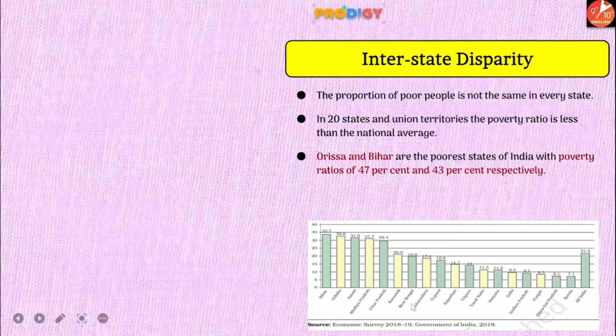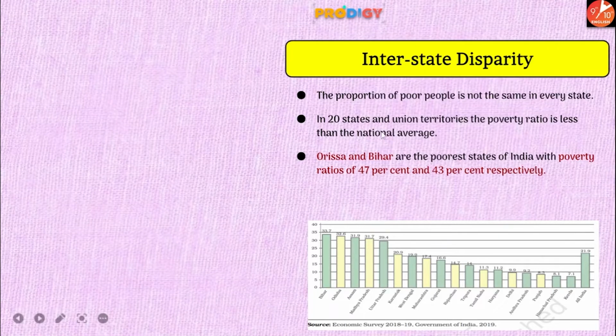The data on this graph is for 2018-19. Here we can see Bihar had poverty of around 33-34%, and the least is Kerala.